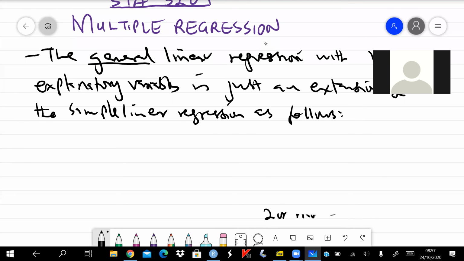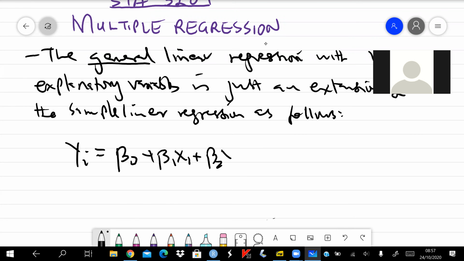So the regression equation is yi = beta naught + beta 1 x1 + beta 2 x2 + all the way to + beta k xk + ui.